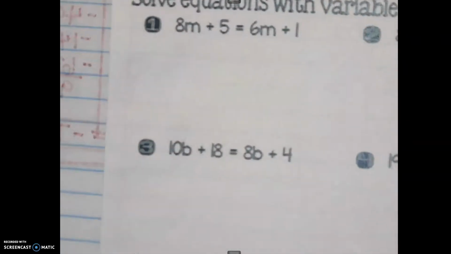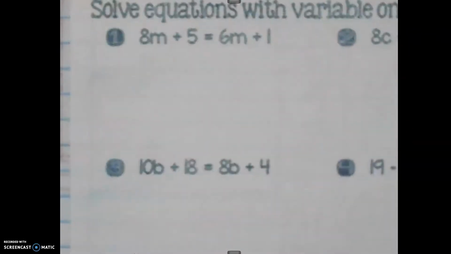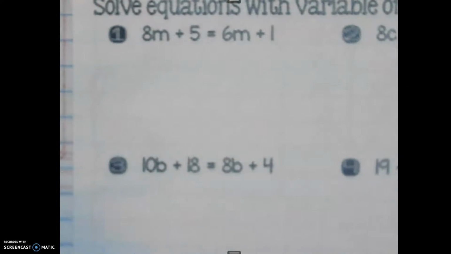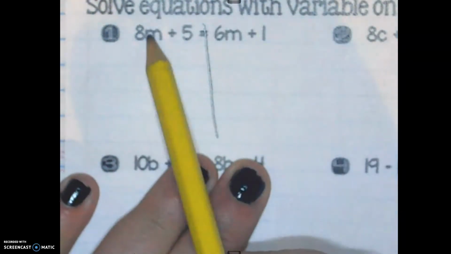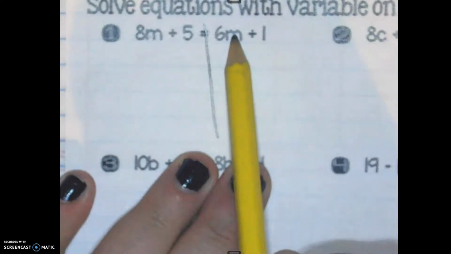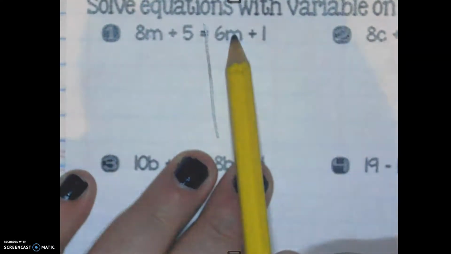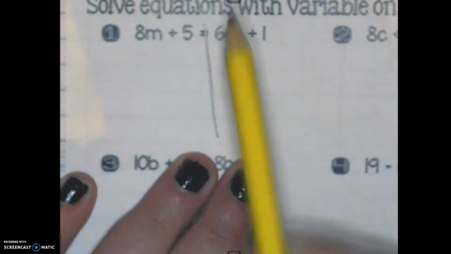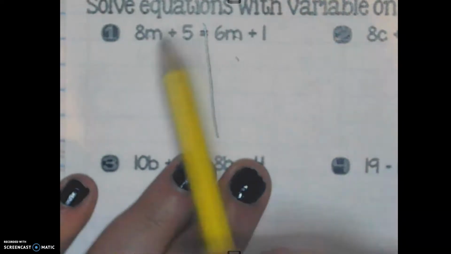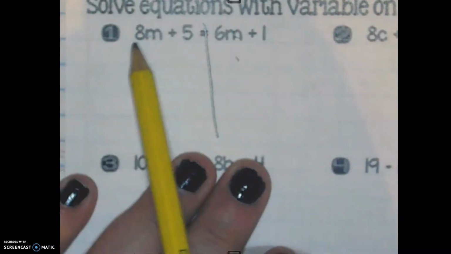So my first one, I'm going to zoom in on it for you, is 8m plus 5 equals 6m plus 1. So our first step is to draw the line. I only have 1m on this side and 1m on that side. I'm looking at my summary. So I don't have multiple variables on one side. I don't have any parentheses. So I want to move my variable to the side with the bigger coefficient. So I have 8, 6.